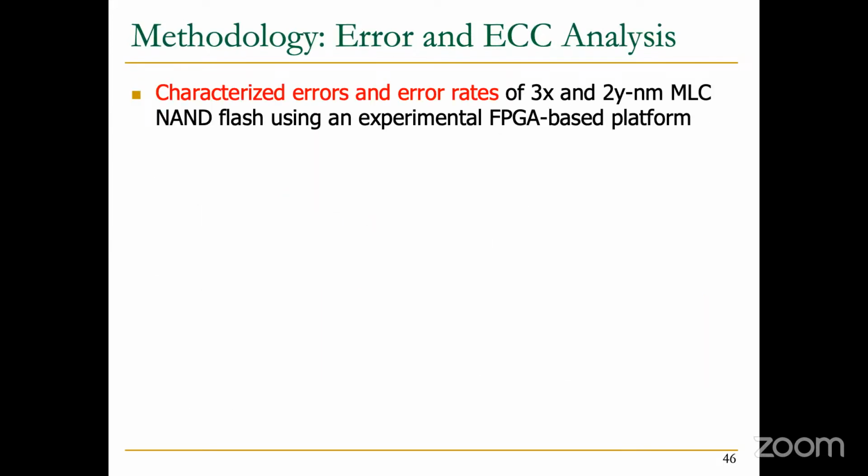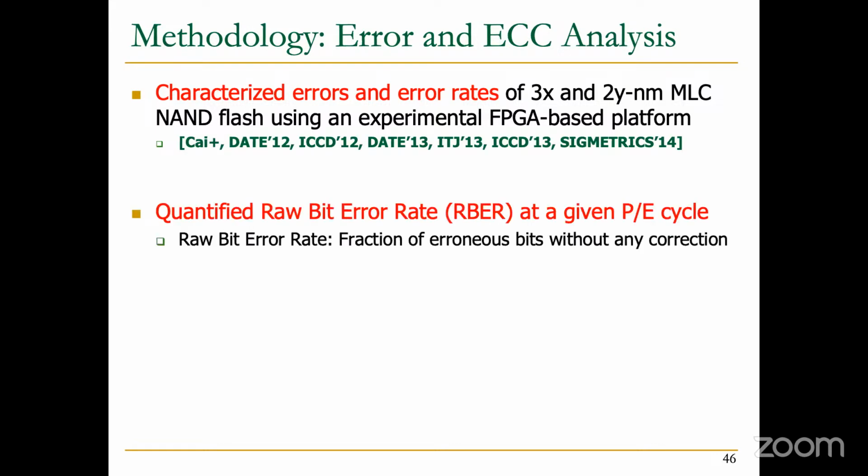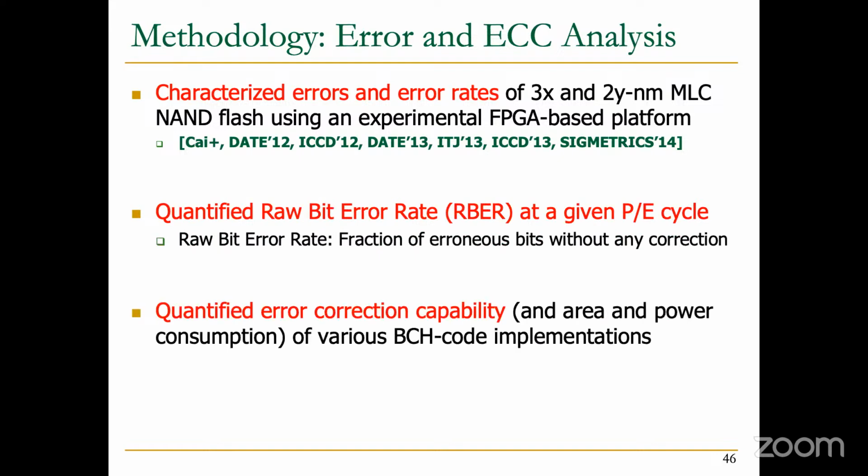So we characterize errors and error rates in common technology NAND flash memory of that time, 3x and 2y nanometer. And basically, we quantify raw bit error rate. Raw bit error rate is the error rate before ECC. So you have some raw bit error rate, and depending on the strength of your ECC, you should be able to fix some of these errors.